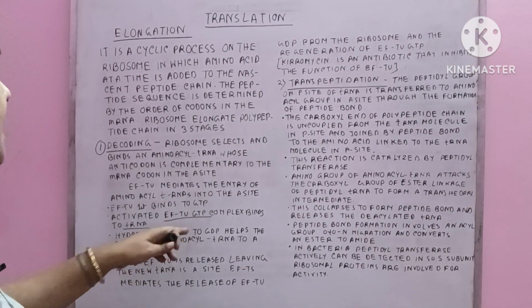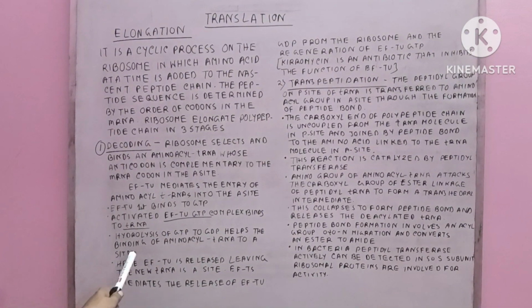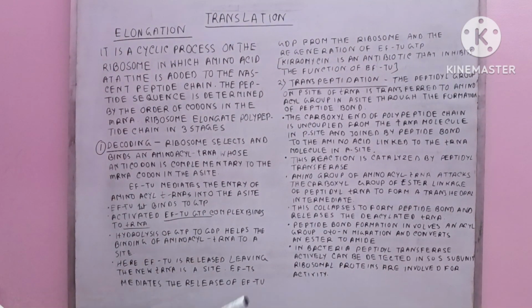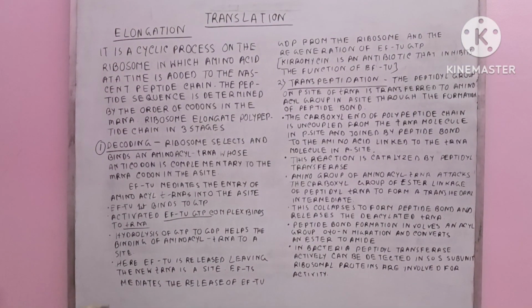Due to the hydrolysis, GDP formation is seen, and that helps the binding of the amino acid tRNA to the A site. Okay, that is its important role.